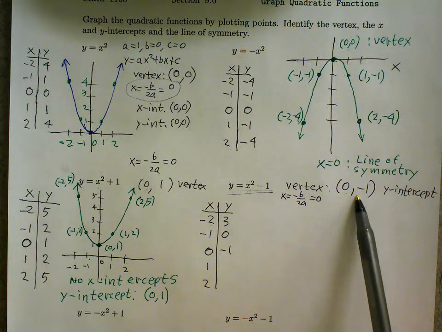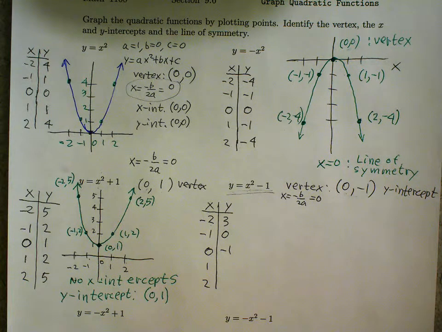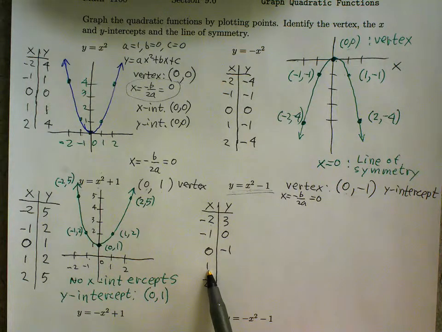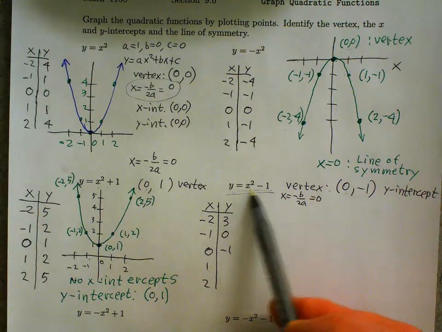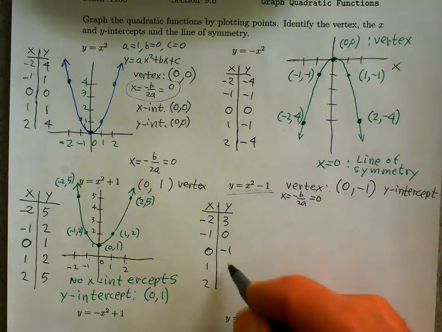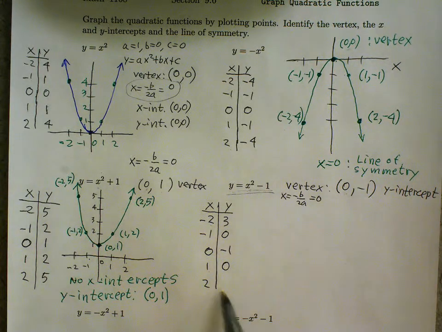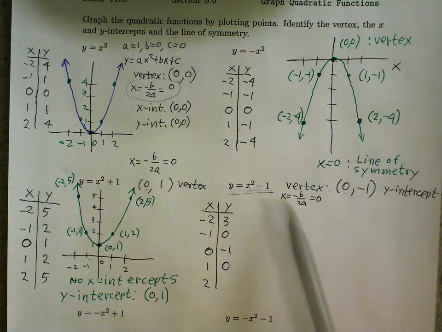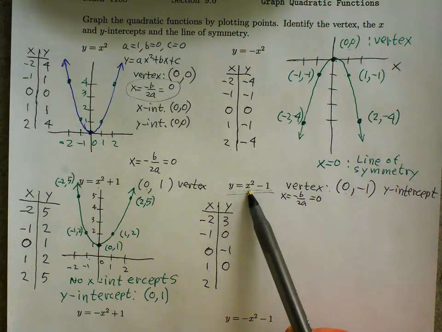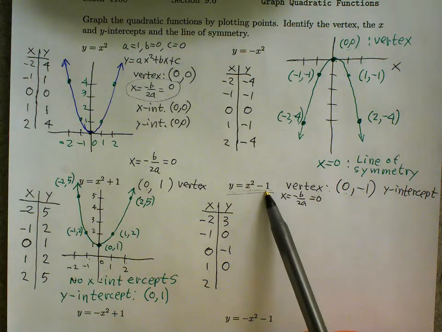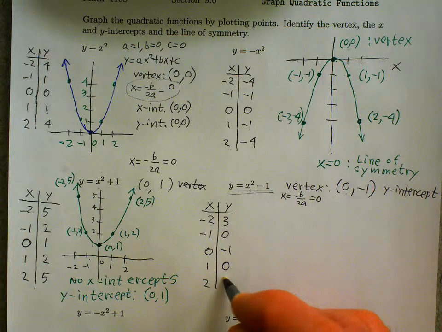That's the vertex, 0, -1. When x is 1, the y-coordinate is 1 squared minus 1, which is 0. And then when x is 2, the y-coordinate is 2 to the second minus 1, or 4 minus 1, which is 3.